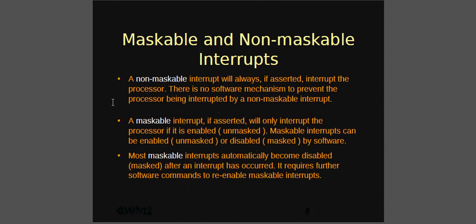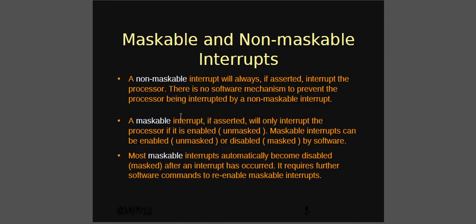Alright, the other thing you have to know is that there is a non-maskable and also a maskable interrupt. A non-maskable interrupt, if asserted, will always be handled by the processor, so you cannot disable it by hook or by crook. If this interrupt is asserted, the processor will proceed to process the interrupt service routine.